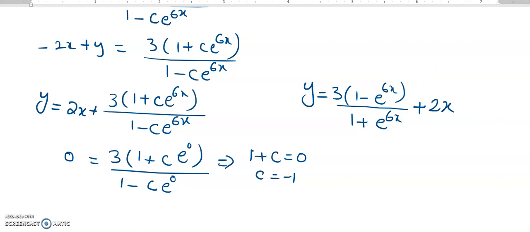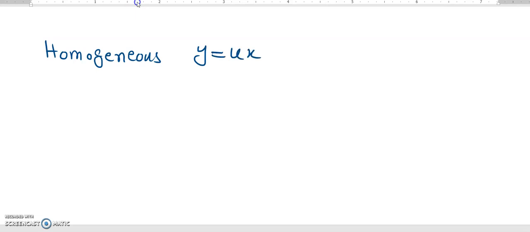So in this way, in the substitution method, we have used 3 kinds of substitution. So if the equation is homogeneous, then a substitution of y is equal to ux can be used, or x is equal to uy can be used.